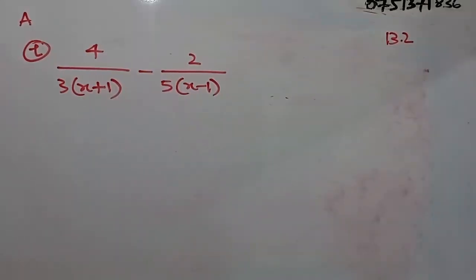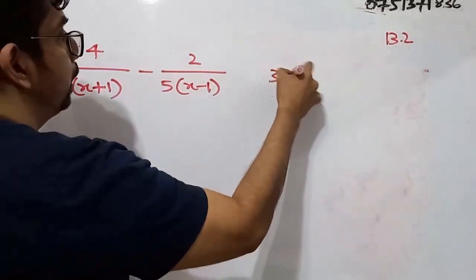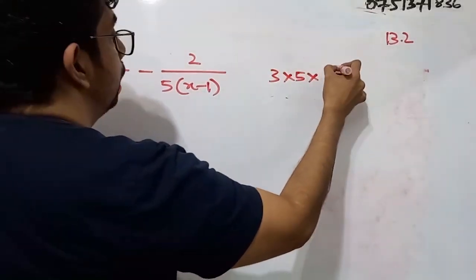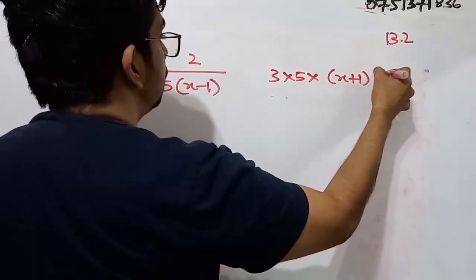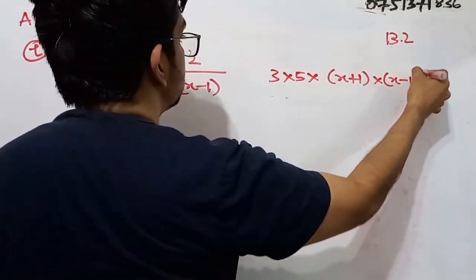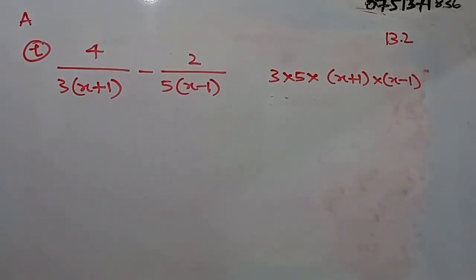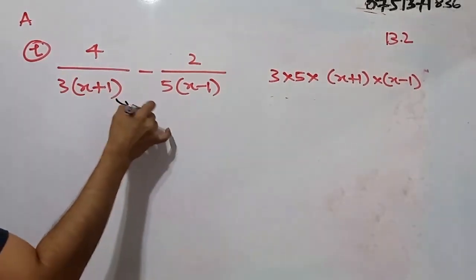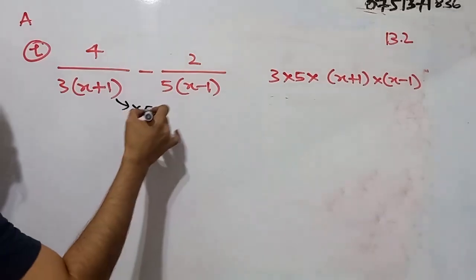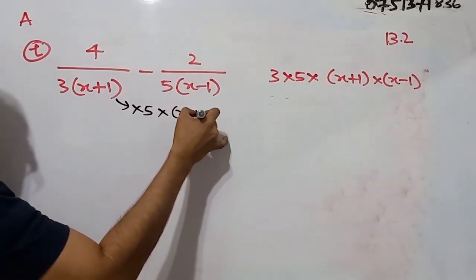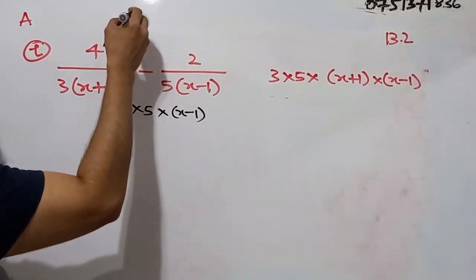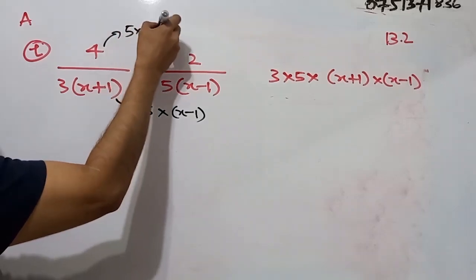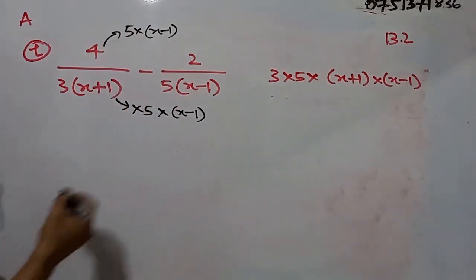Okay. So here, what should be the least common multiple? So we have a 3, we have a 5, then we have x plus 1 along with x minus 1, right? So that means this denominator must be multiplied by what? It needs to be multiplied by 5 and x minus 1. So this also needs to be multiplied by 5 and x minus 1. Okay.